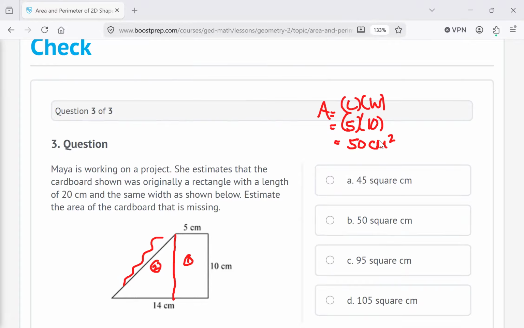And then what else? The area of a triangle. So the area of a triangle is base times height over 2. So what would be my base and what would be my height?